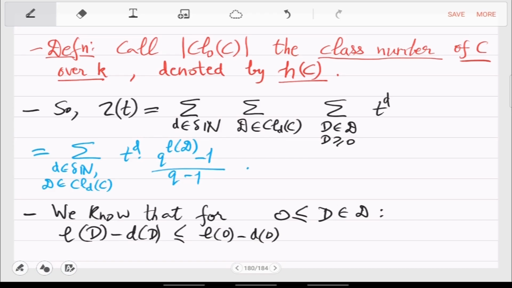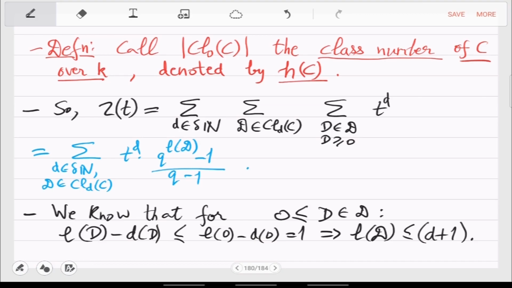So from that, the L minus D difference is smaller than that for 0, which you know is 1, meaning that L of D is less than or equal to D plus 1. Okay, so we get at least an upper bound.